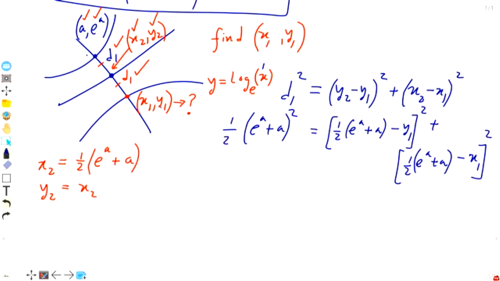That's not true. What you are saying is this distance is equal to this distance, so this coordinate should be equal to that coordinate, right? No, not entirely.